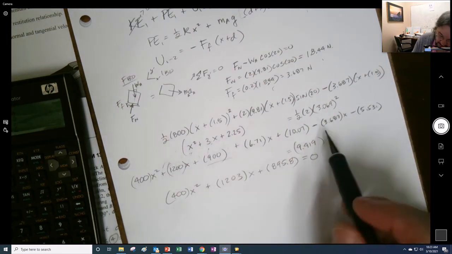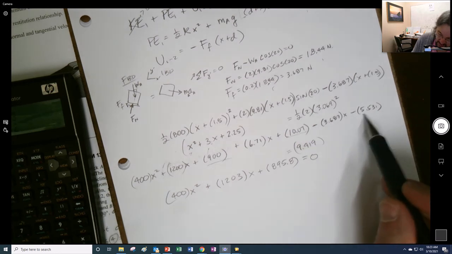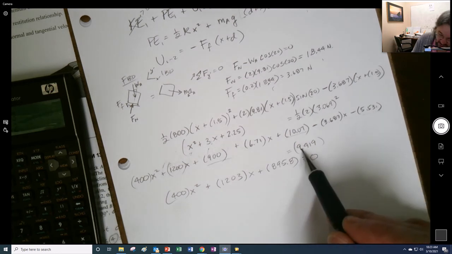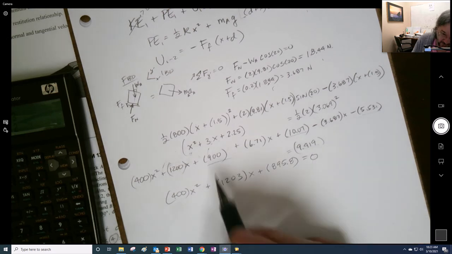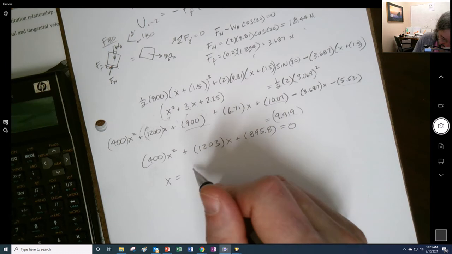Double check here, 900, so 910.7, subtract out there, subtract out this. I believe this. Now I want to find x.